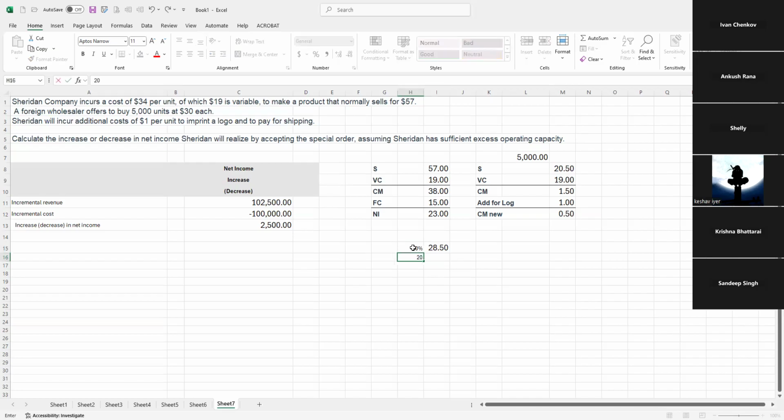Yes. How much will be the selling price now? 22.8. It's gonna be equal to this one minus this one times 20%. Is that what you're getting? Yes.